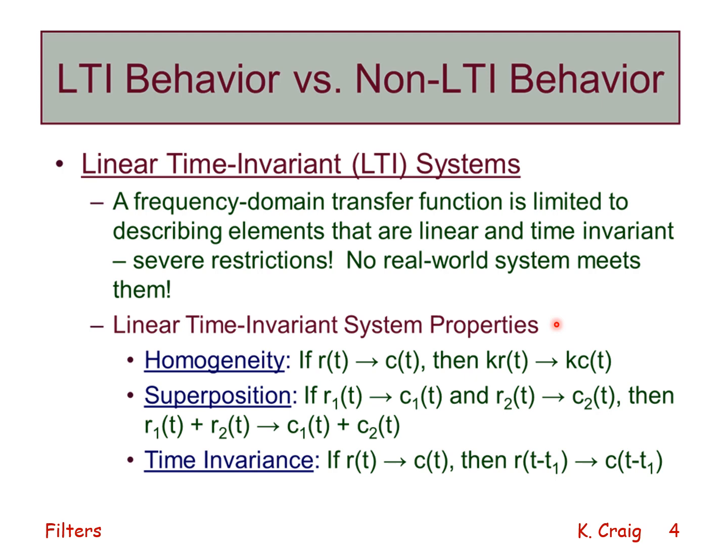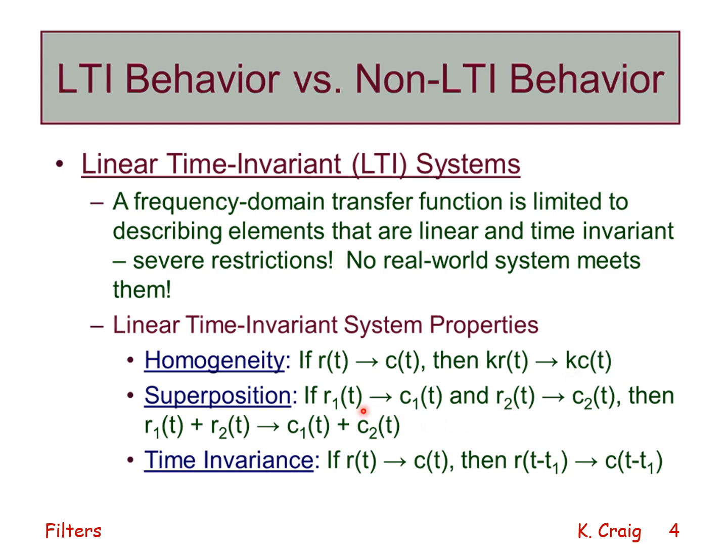Linear time invariant system properties are homogeneity. If R(t) is an input and C(t) is the output, then if you multiply the input by a constant, the output gets multiplied by the same constant.